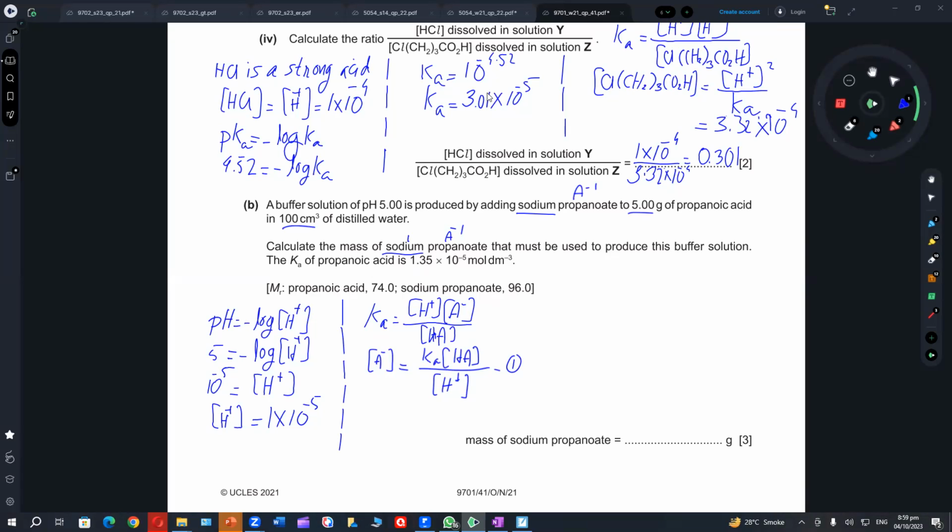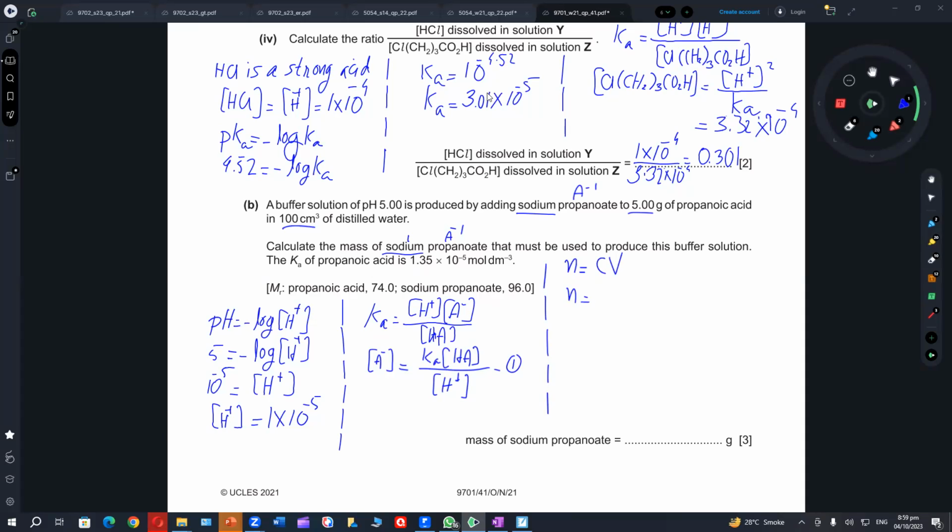The concentration of HA is 0.67. How come? I got the moles and then I used n is equal to CV.